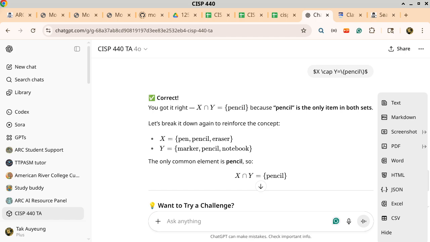So if you think the GPT is making a mistake, bring it to my attention so that I can take a look and see whether the mistake is on your part or on the GPT's part. But I think over time, this is going to be a useful resource for you guys to study. As you read the material, if you're not really sure what this means, ask the TA.